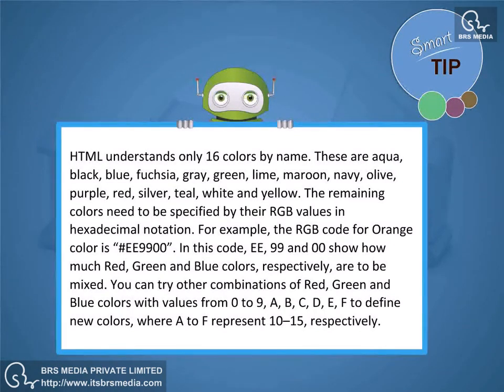You can try other combinations of red, green and blue colors with values from 0 to 9, A, B, C, D, E, F to define new colors, where A to F represent 10 to 15 respectively.